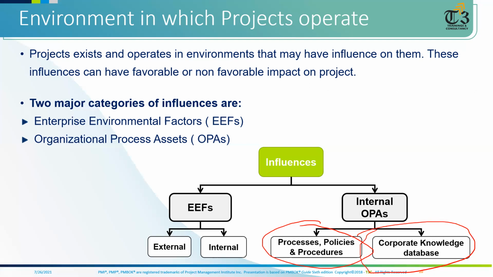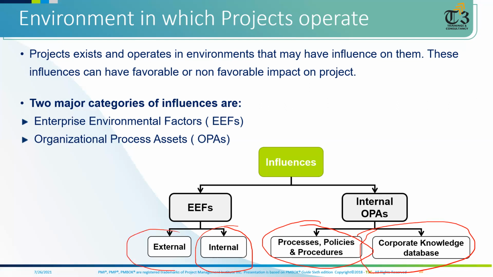The other part of the influencers is enterprise environmental factors, EEF, and it contains two branches, internal and external. Internal means it's internal to the organization, which you can change and update as per organization objectives, like organization mission, vision, values, code of conduct, beliefs, organization facilities, infrastructure, software, tools, and techniques available for project management.